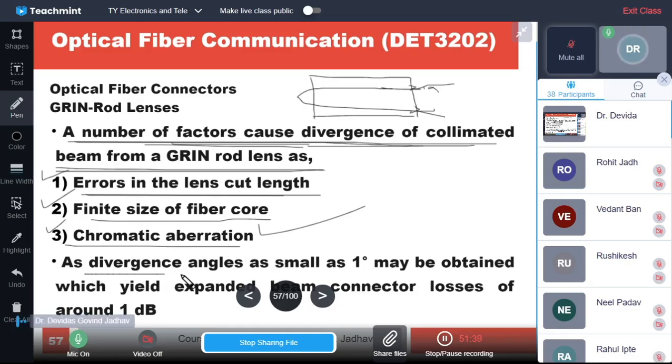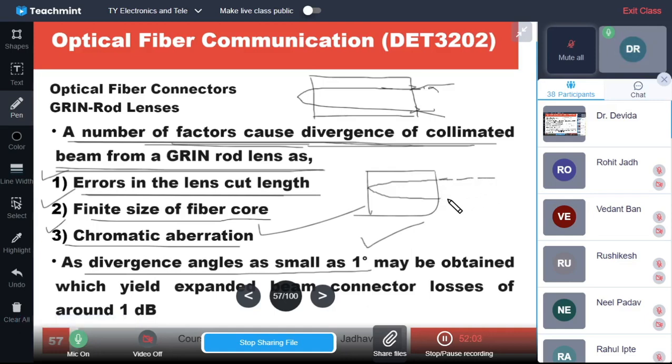The divergence angles are as small as 1 degree, as we have seen in the figure. Suppose this is the diverged collimated beam. It should come out as a parallel beam, but it comes as a diverged beam, and this divergence angle is alpha.